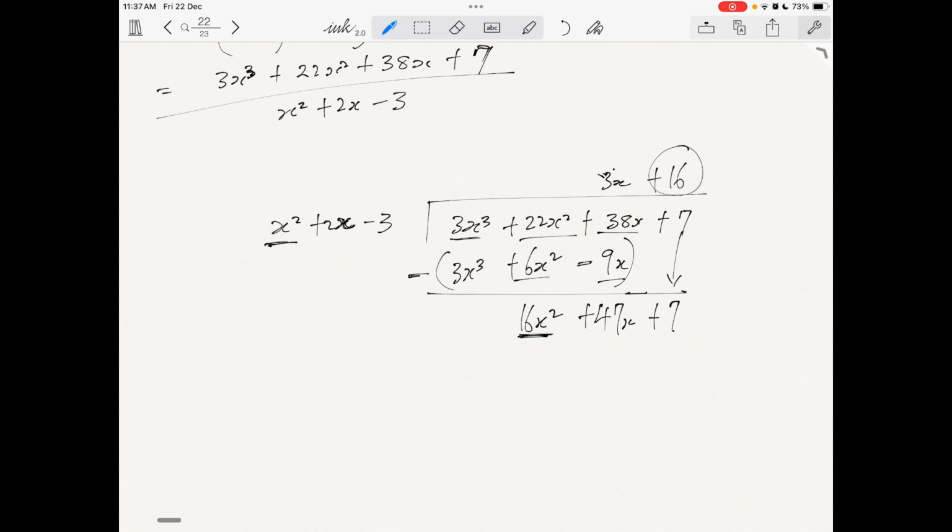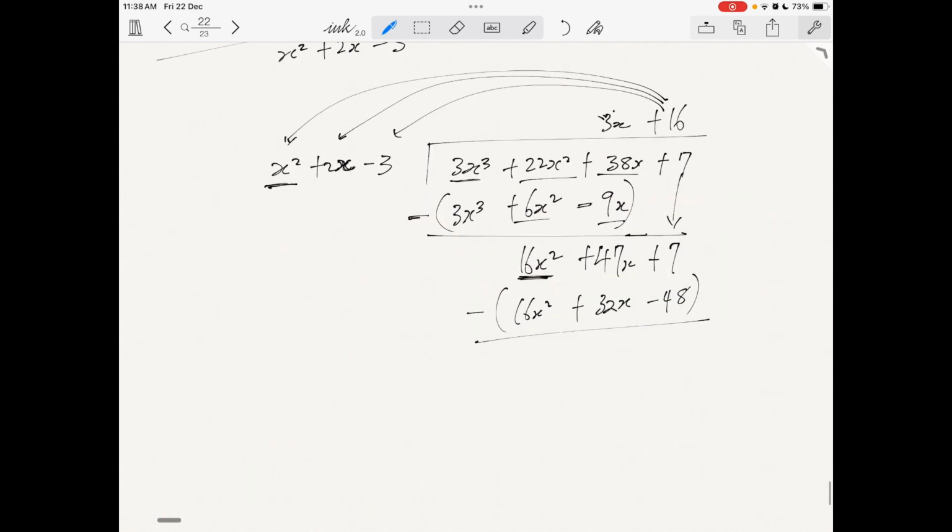Plus 16 multiplied by x squared gives 16x squared, plus 16 multiplied by 2x gives 32x, and plus 16 multiplied by minus 3 gives minus 48. Then we make our subtraction. 16x squared minus 16x squared is 0. 47x minus 32x gives us 15x, and 7 minus minus 48, that's 7 plus 48, gives us 55.